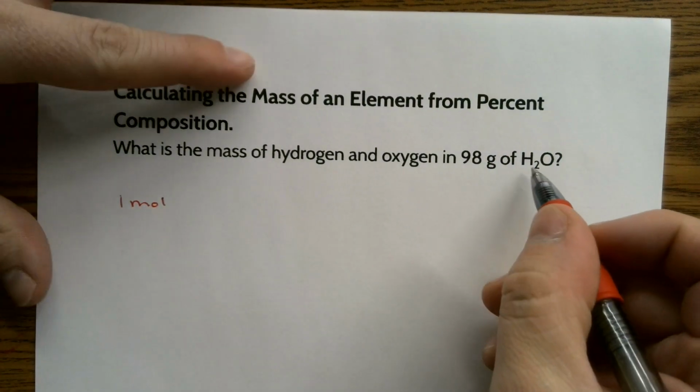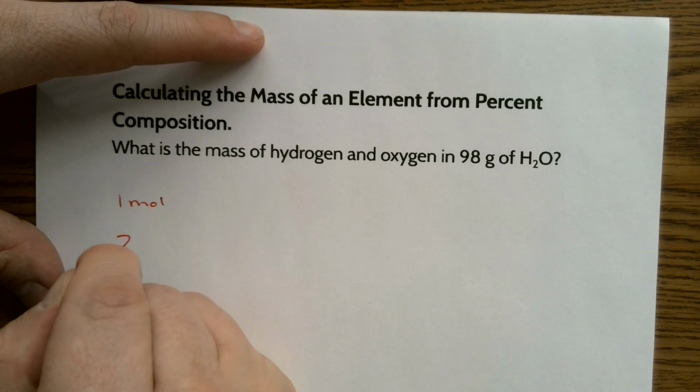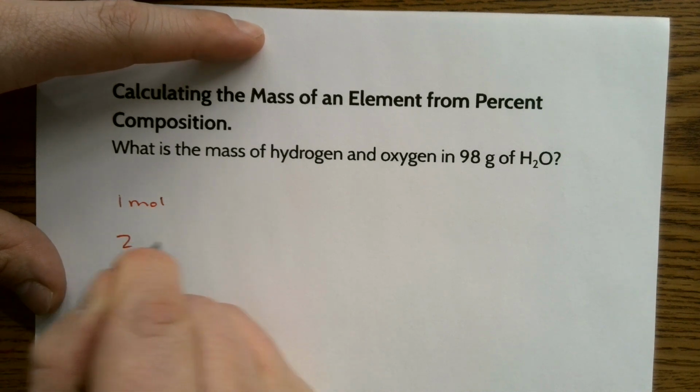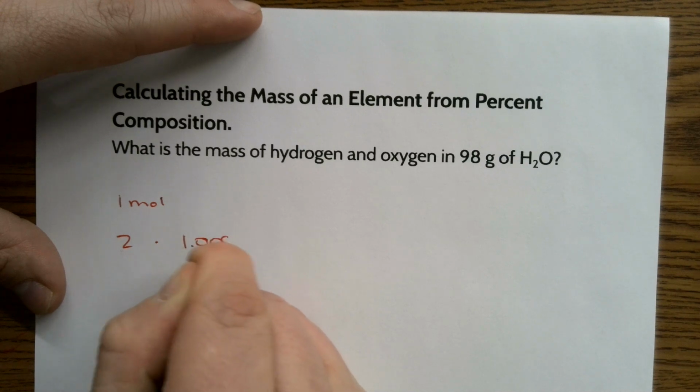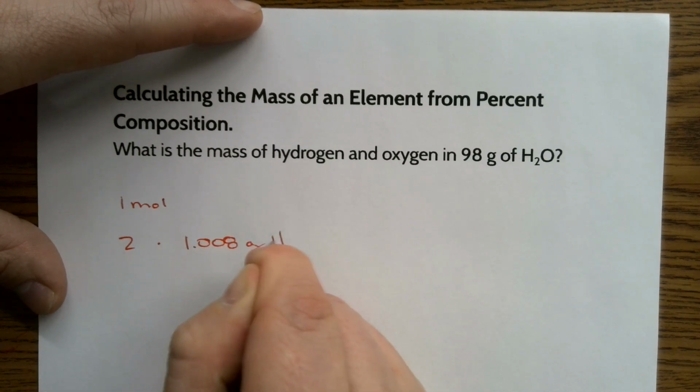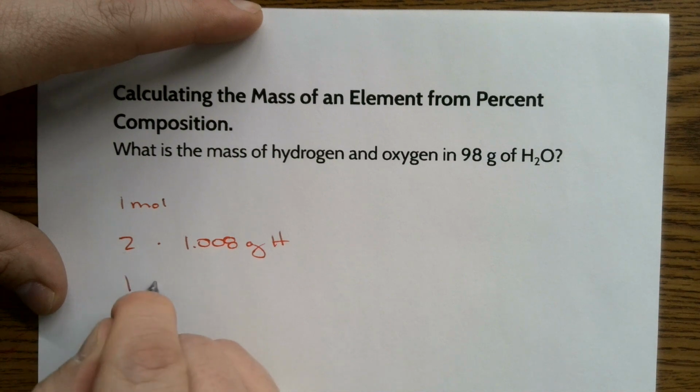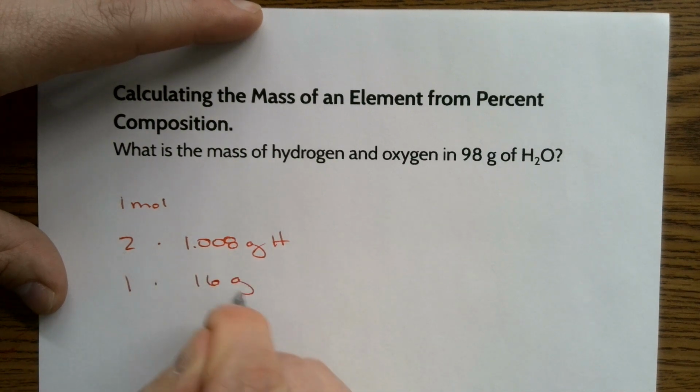So how much does 1 mole of 2 hydrogens weigh? We have 2 hydrogens, and we're going to multiply that by its molar mass, which is 1.008 grams. And then oxygen, we have 1 oxygen times 16 grams of oxygen.